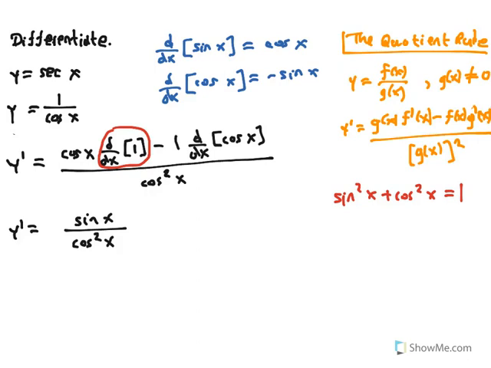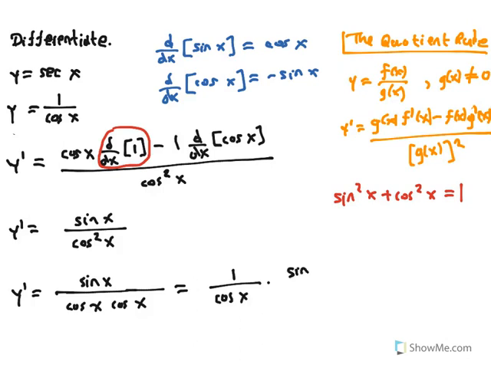But again, you'd like to simplify this because you plan on using this differentiation rule again and again. So how can we simplify? We write y prime is equal to sine x over cosine squared x. You can write that as cosine x times cosine x, and you can write this as 1 over cosine x times sine x over cosine x.